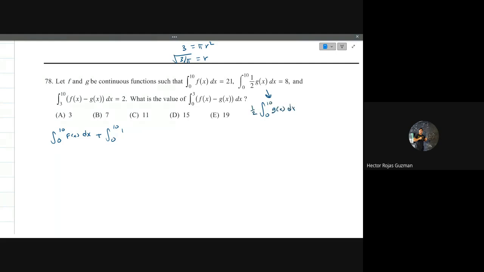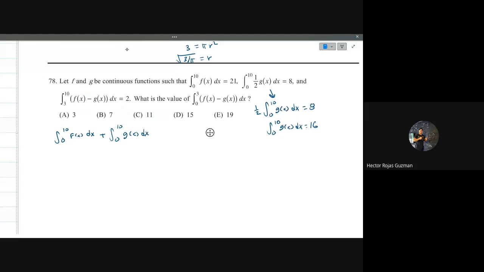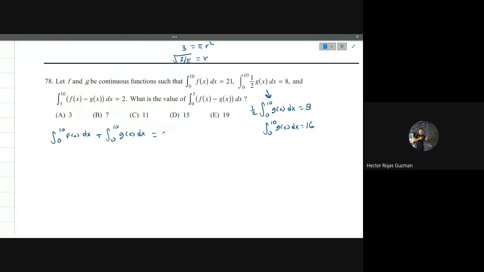So if I multiply both sides by 2, we get a 16. So now we can say the integral from 0 to 10 of g of x dx equals 21 plus 16. So if you combine them, the integral from 0 to 10 of f of x plus g of x dx equals 37.